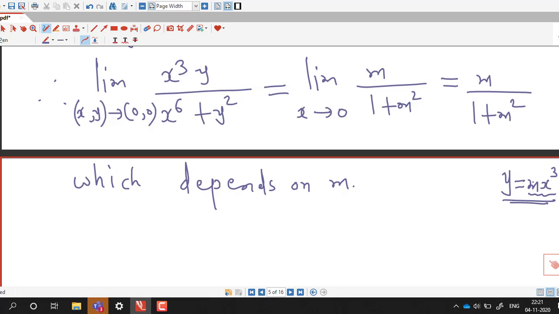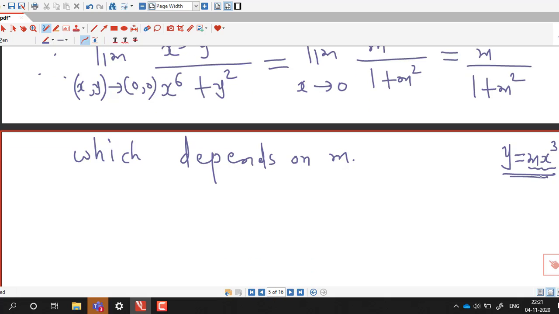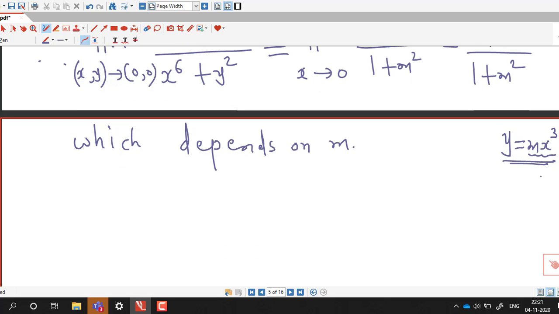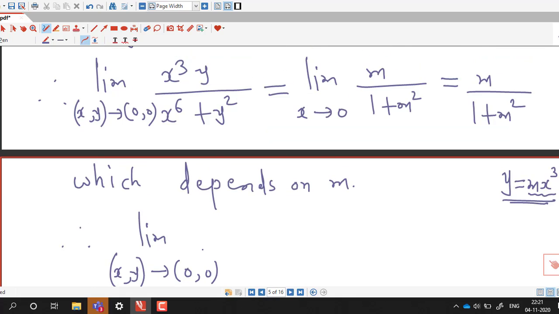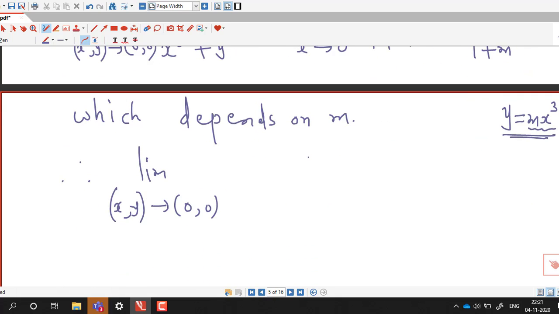So limit depends on m, that means limit is different along different cubic curves passing through origin. That means the limit is not same along all possible paths passing through origin. Therefore, given limit of x cube y over x raised to 6 plus y square does not exist.